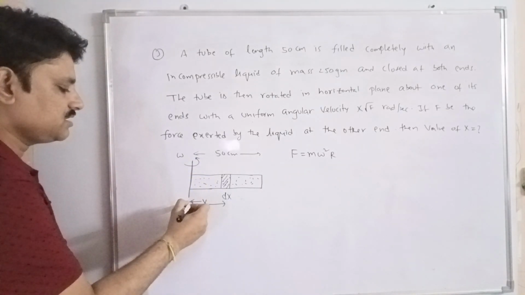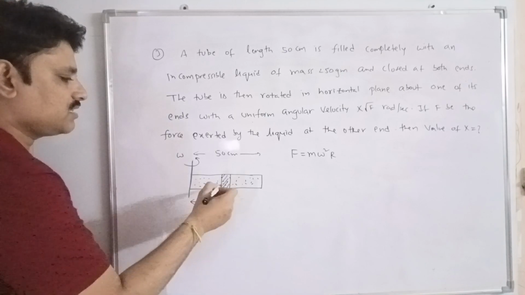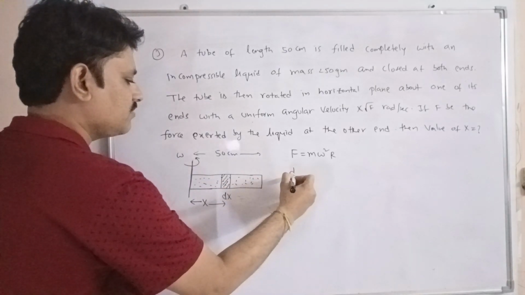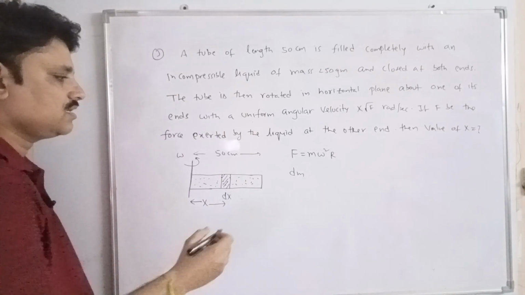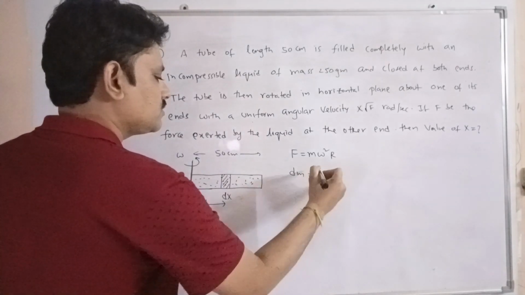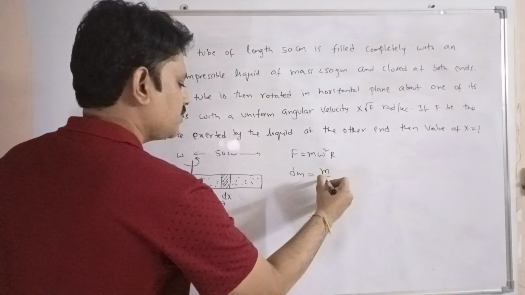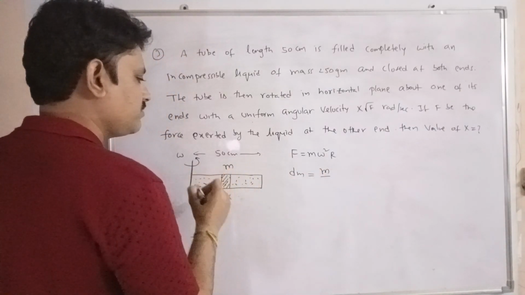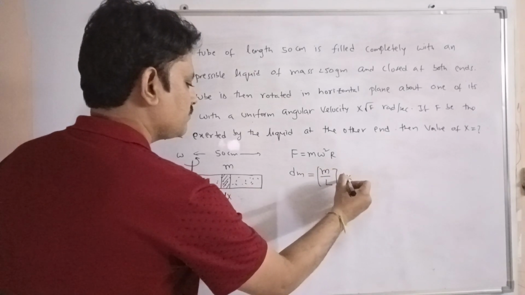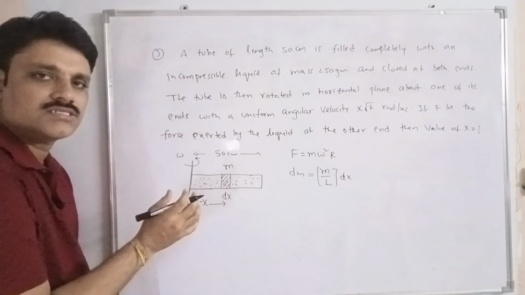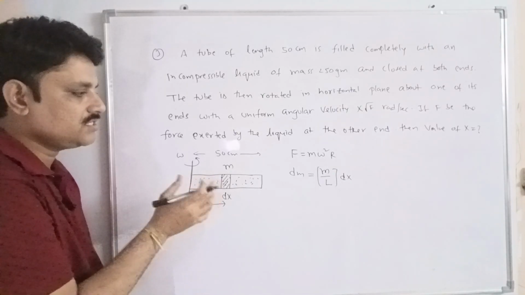The small part has the mass dm. So dm is the mass of the small part.